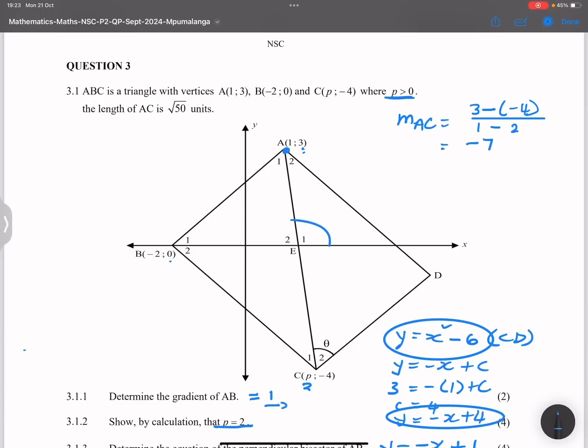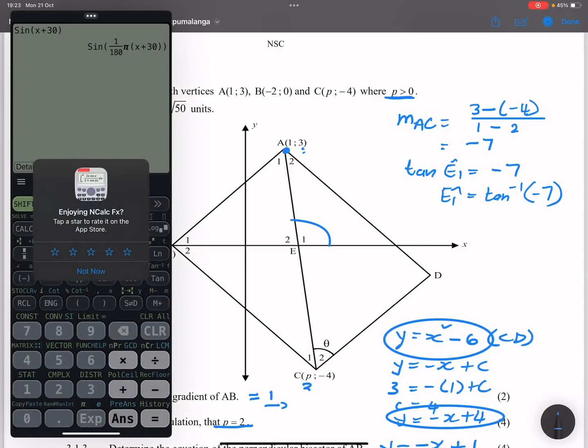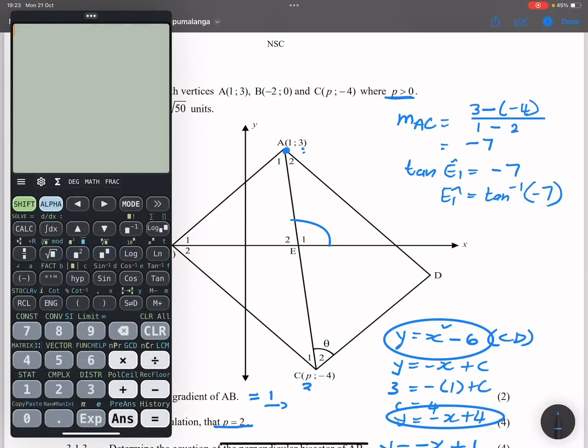So remember that the tan of E1 is equal to negative 7. So therefore E1 would be equal to the arctan of negative 7.